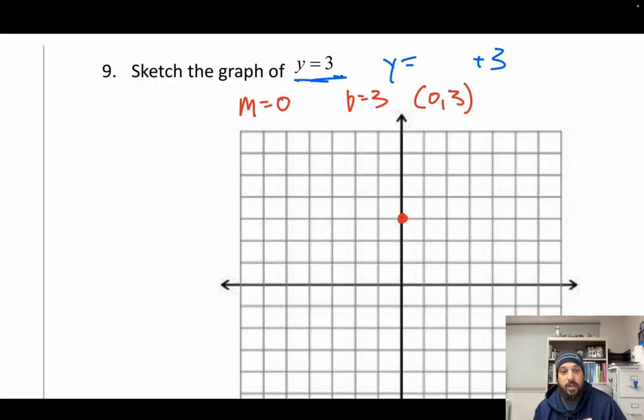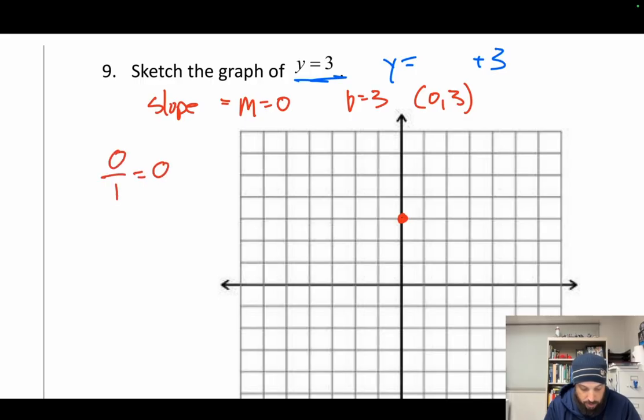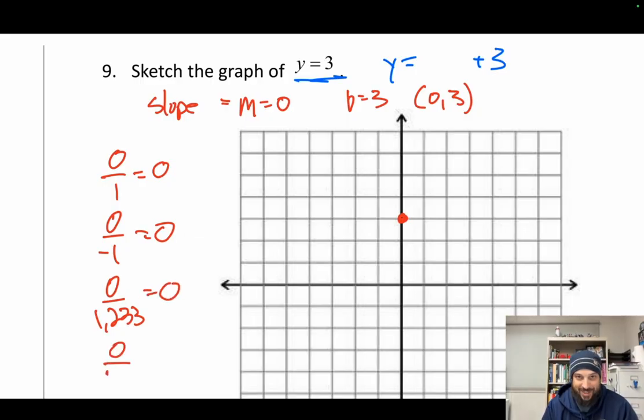And then how do we plot an x point? Well, our m is 0, so our slope, our rise over run, is 0. So I rise 0 and I run whatever, because 0 over 1 is 0, 0 over -1 is 0, 0 over 6 is 0.